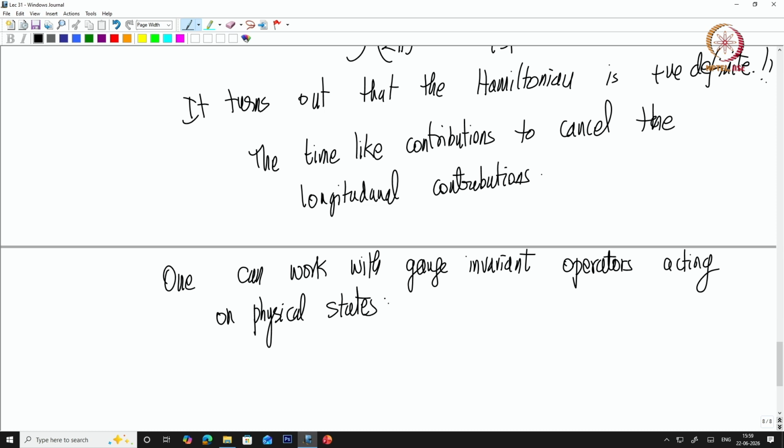So one can work with gauge invariant operators on the physical states whose expectation values do not depend on Cn.